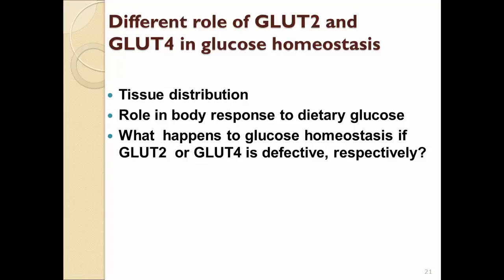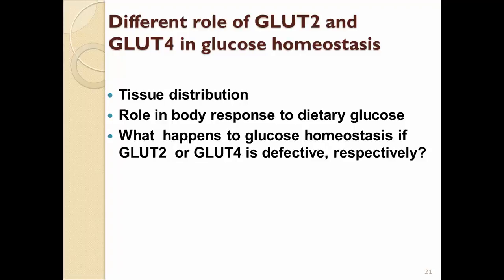So again, similar to the GLUT2 deficient patient, the patient with lower GLUT4 levels also has a higher blood glucose, right? Because they are not able to take up enough glucose from circulation. So patients with a defect in either GLUT2 or GLUT4 have the same consequence, right? A raised blood glucose level, but the mechanism is different.